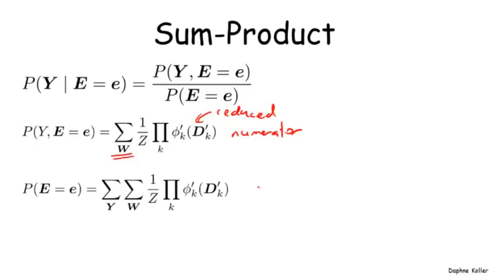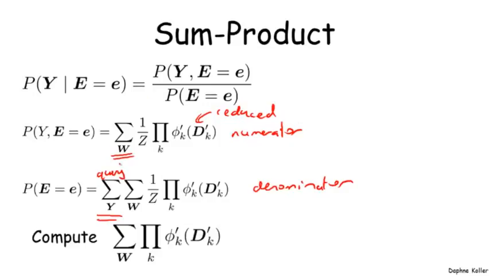The denominator of this is simply the numerator summed up over the query variables y. And if we divide these two together, we realize that we can get away by computing simply this product of reduced factors and normalizing at the end.